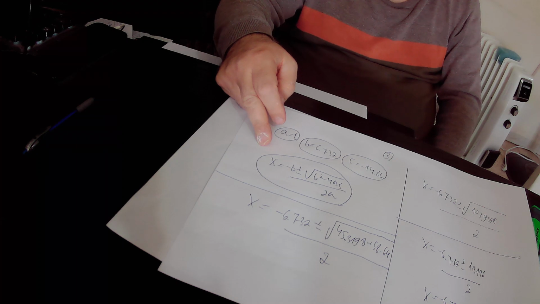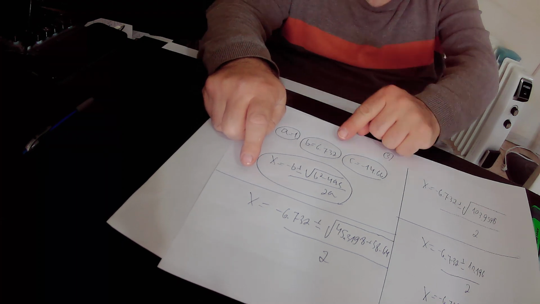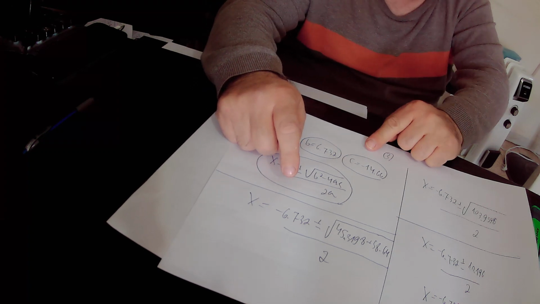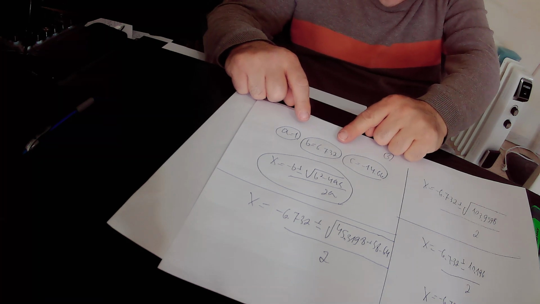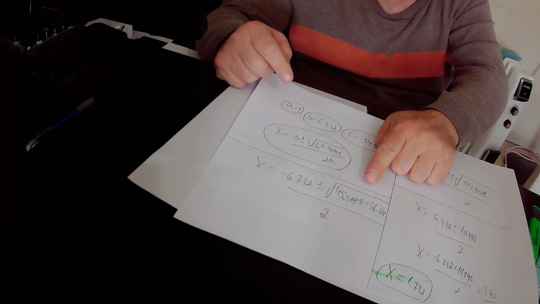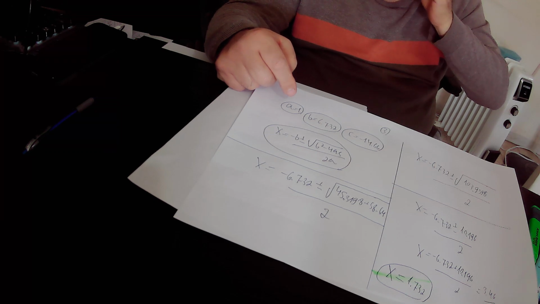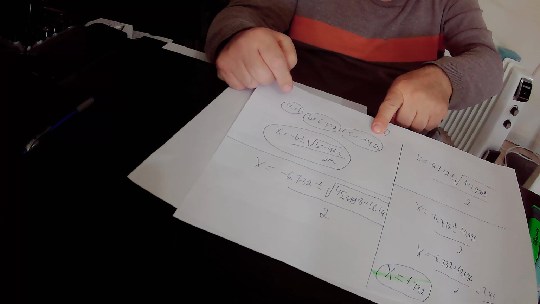Okay, so we did it and found out that x equals minus b, b equals 6.732, therefore minus b is minus 6.732 plus minus square root of b squared. B is 6.732, therefore b squared is 6.732 squared, that is 45.3198 minus 4 times a, which is 1, so minus 4 times 1 is minus 4, times c, that is minus 14.66.